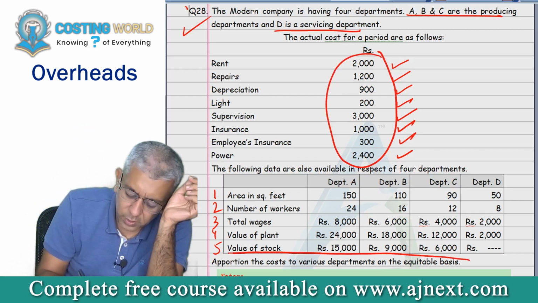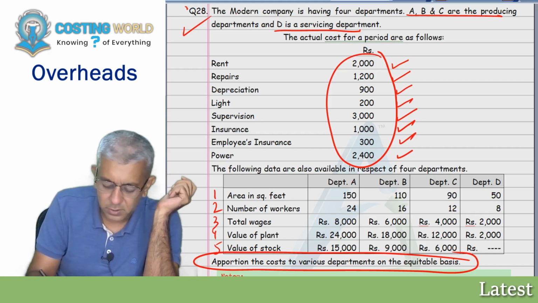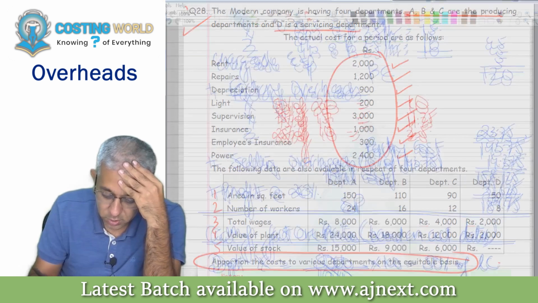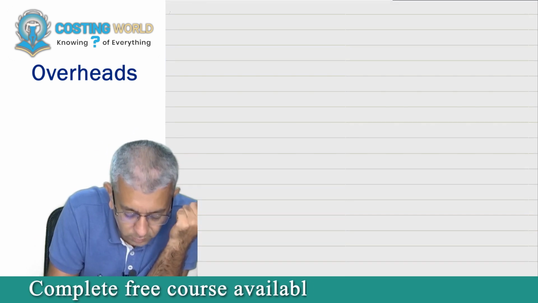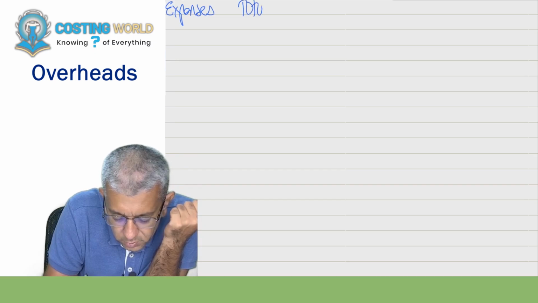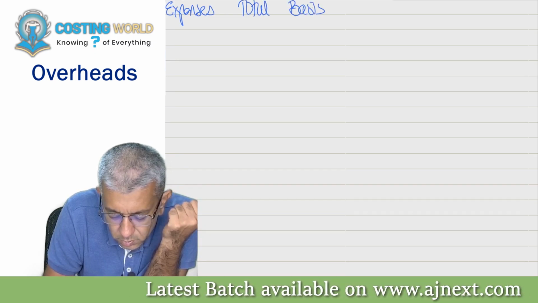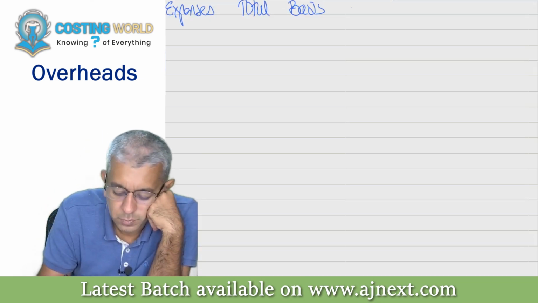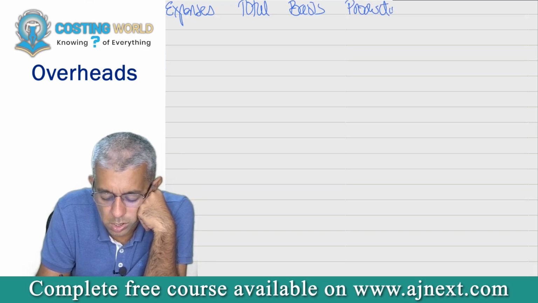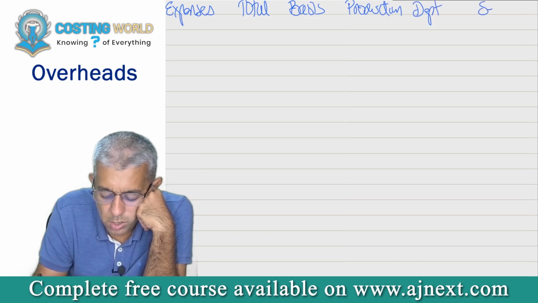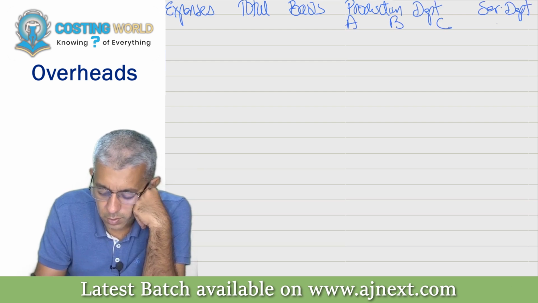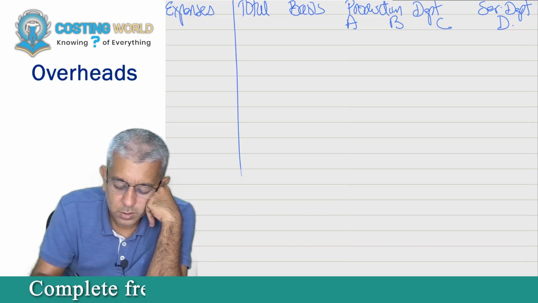You will give this as a title. You will write down: apportionment of the costs to the various departments on equitable basis.